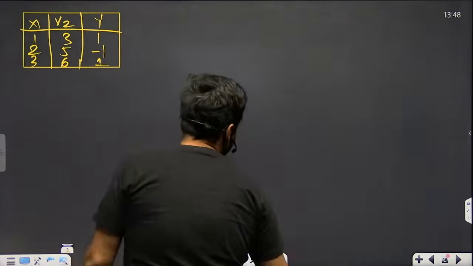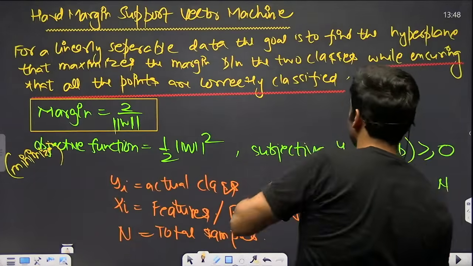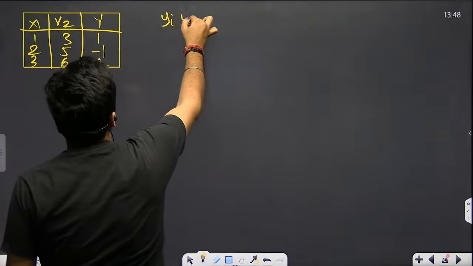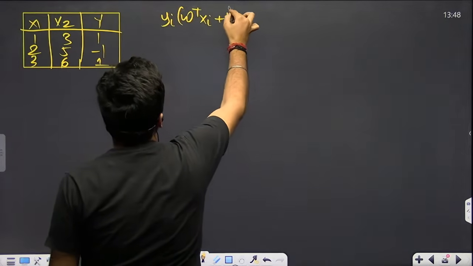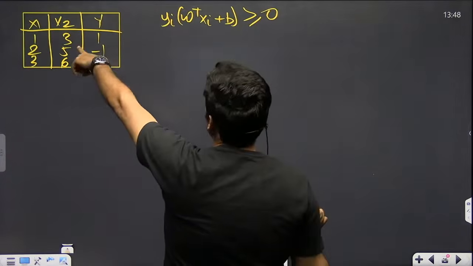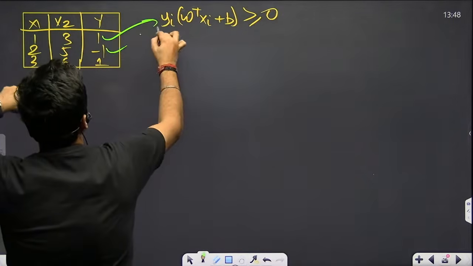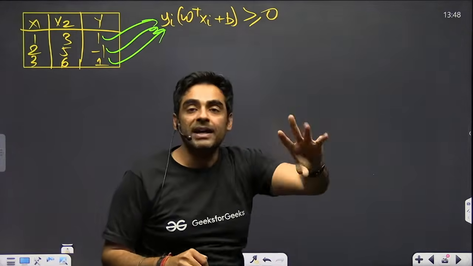So if I put a point here, this is the constraint: yi into weight transpose into xi plus b would always be greater than or equal to 0. If I put point 1, point 2, point 3 here, this condition would be true for every point. Why?